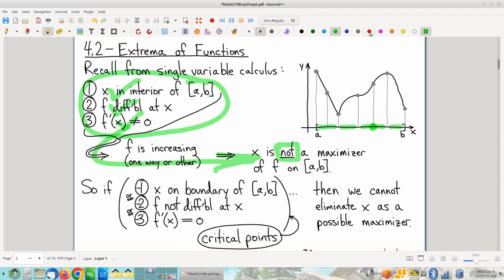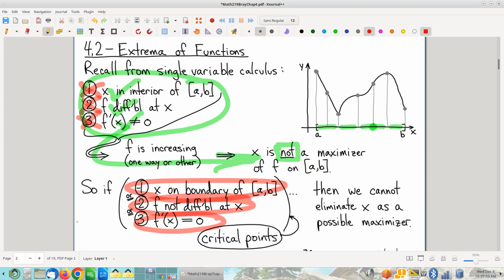So, for example, there might be a point that's not in the interior, or a point where the function is not differentiable, or a point where the derivative is 0. Right? So, if any of these things happens, I'm coloring these in red because this means that my argument about, hey, check it out, it's steep, it couldn't possibly be the maximizer, that argument fails.